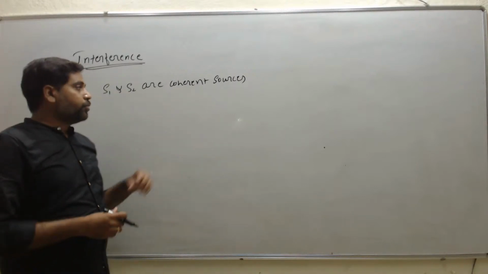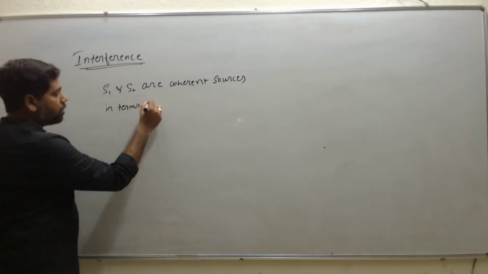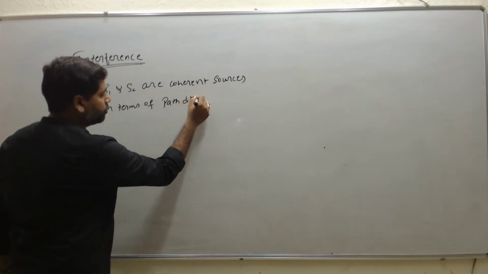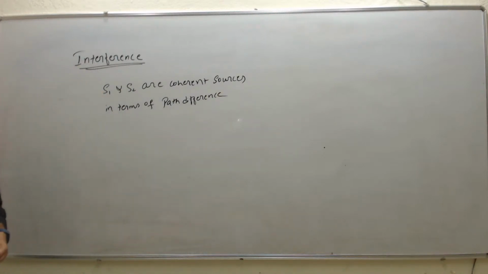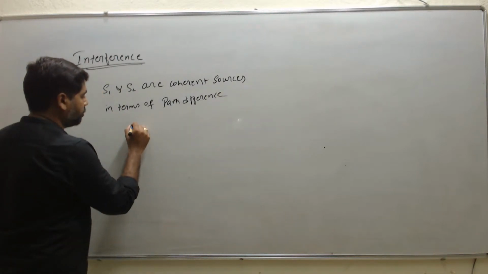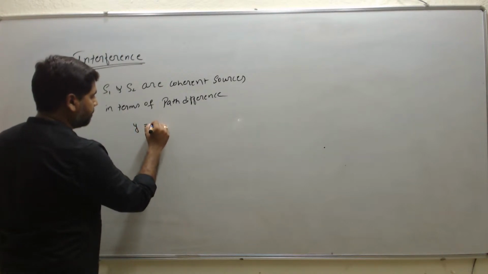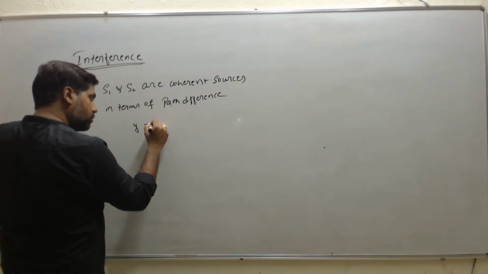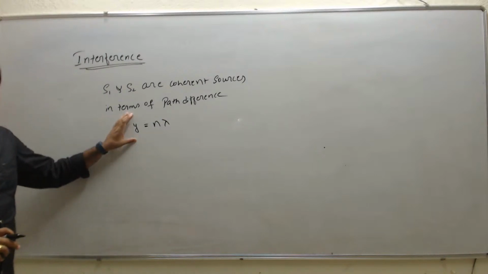in terms of path difference, we can write y is equal to n lambda. So this is the resultant displacement.